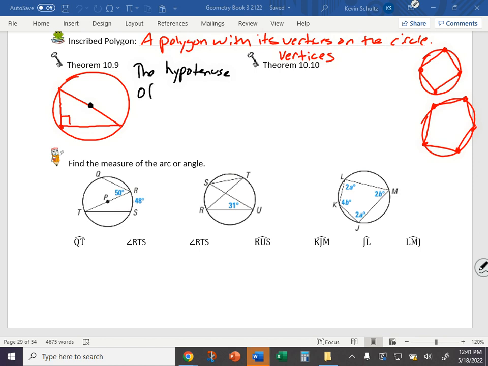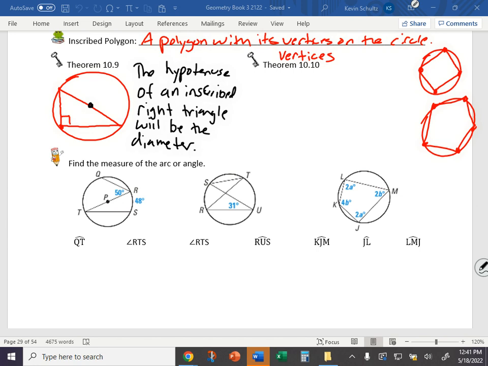So in words, the hypotenuse of an inscribed right triangle will be the diameter of the circle. If you know that the triangle is a right triangle, if you're given the right angle, you then know the hypotenuse is the diameter.